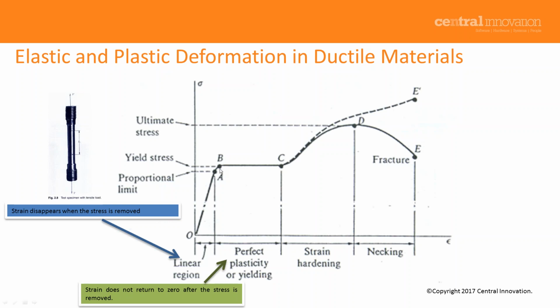If we pass the yield, we will have permanent deformation. That simply means if you load up to the yield and pass it, the strain will not return to zero. The shape will have some permanent damage, or permanent deformation. If we keep pushing the material, what is happening?